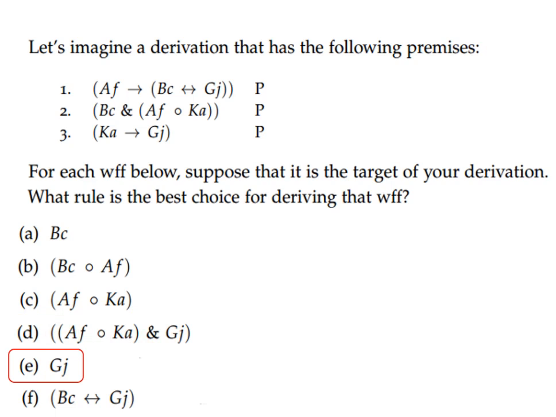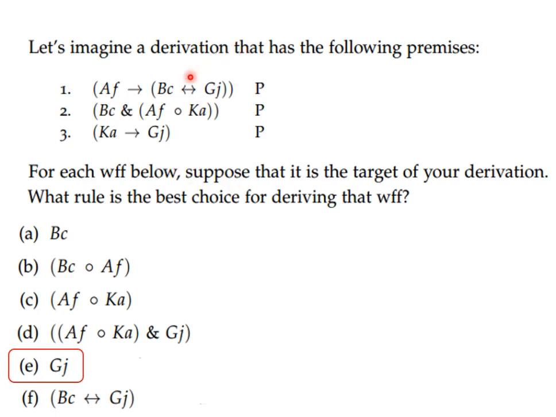What we do here is we look at, okay, we have GJ here in line 3. And so you might think I can get KA, right? But KA is part of a disjunction, all right? And so how are you going to get that out of there? So you think, okay, that's too hard.